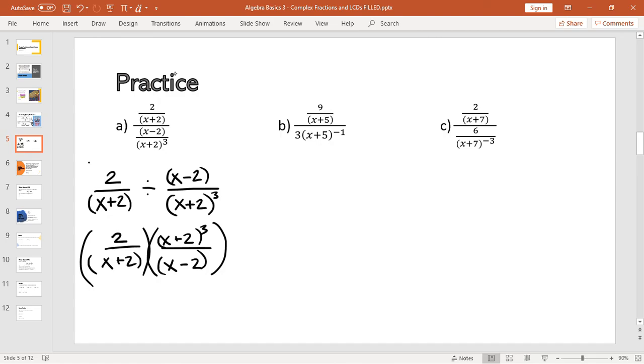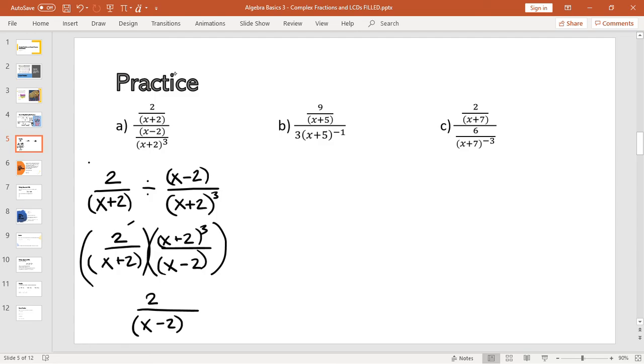Just looking at this, I see that there's nothing for the 2 to interact with, and there's nothing for the x minus 2 to interact with. And remembering that x plus 2 and x minus 2 are not the same thing. If x was the number 10, one would be 12, one would be 8. You can't cancel them or combine them. So those things will stay in my final answer. So I'm just going to write them down first.